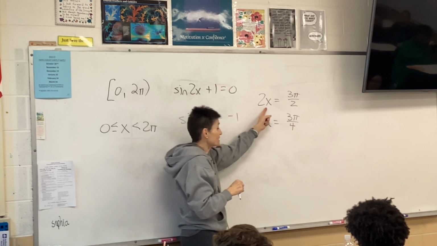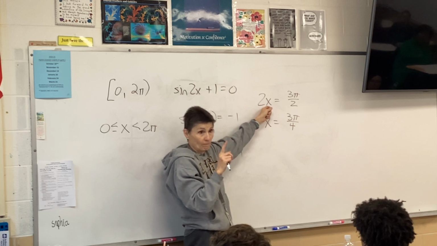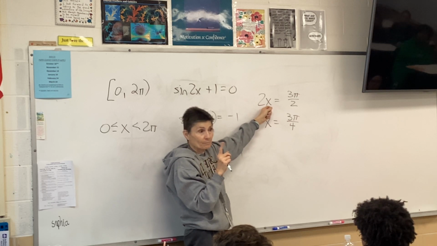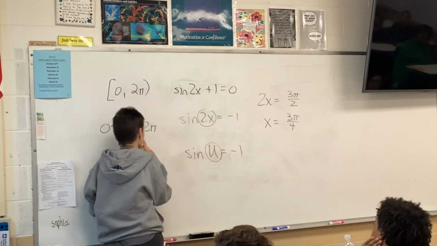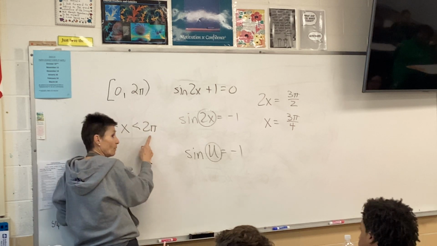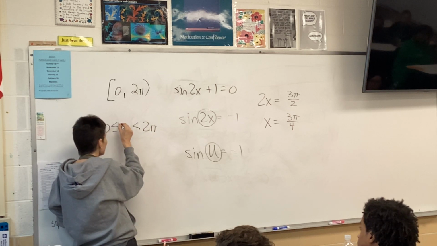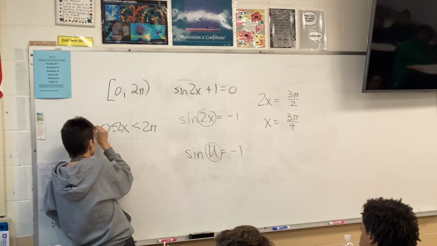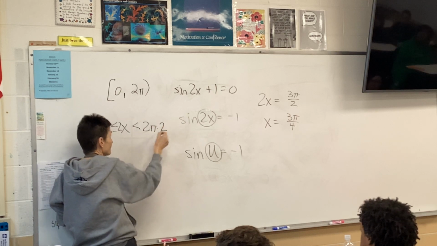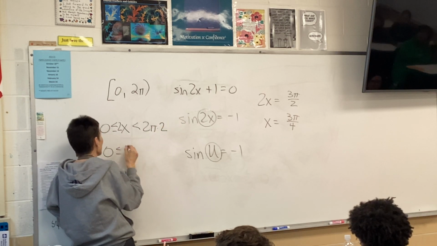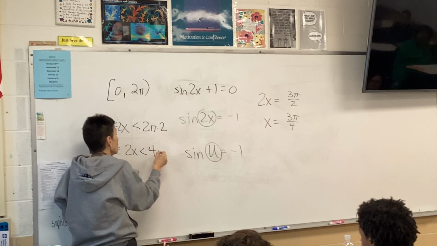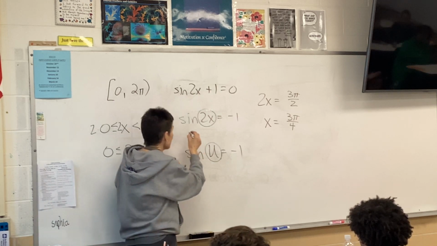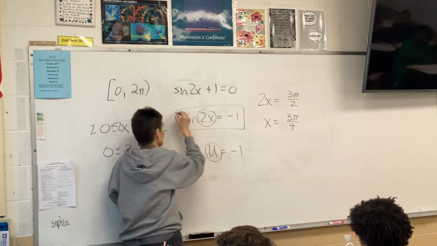When I solved this equation, I solved for 2x. So if x is between 0 and 2 pi, where is 2x? Between 0 and 4 pi.